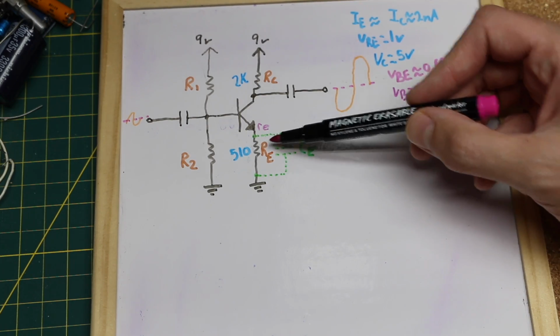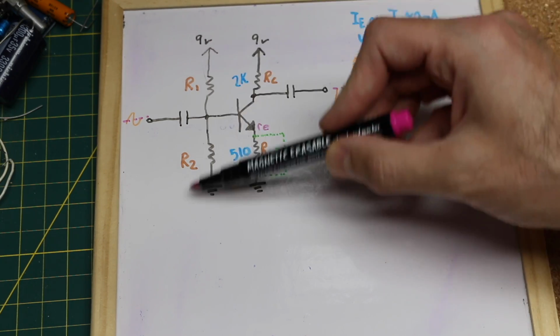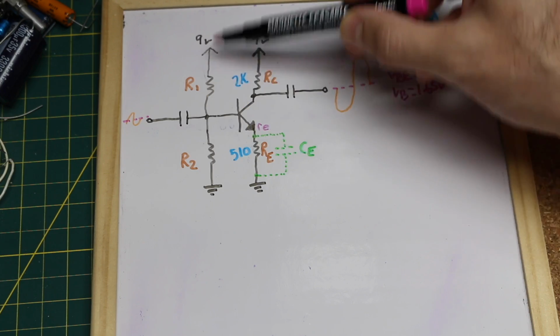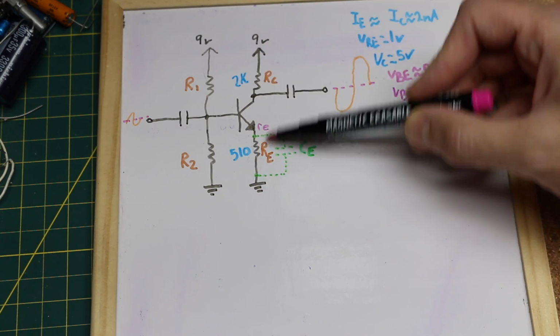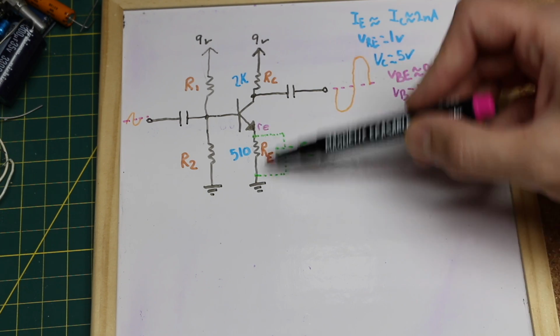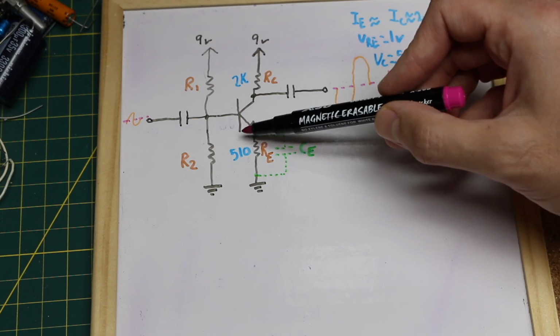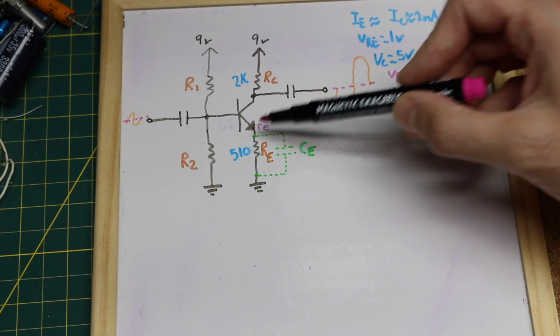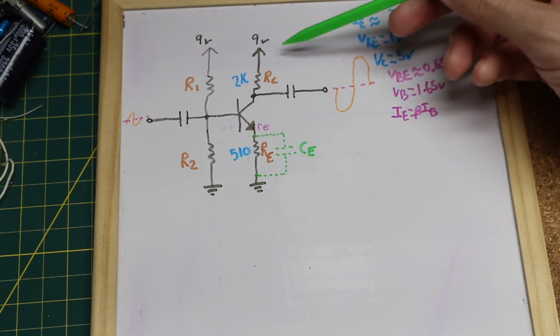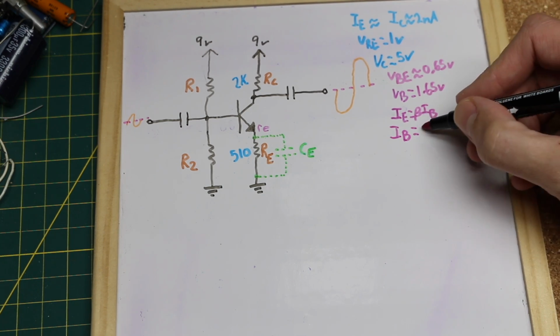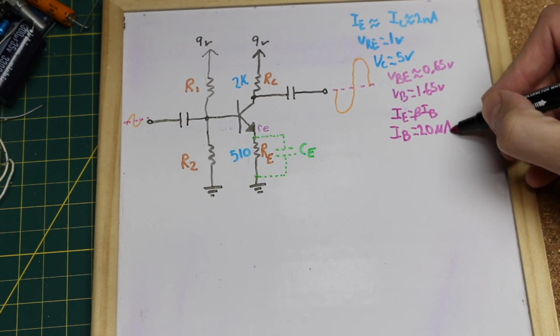Now we need to decide what current we want flowing through this voltage divider so we can calculate a resistor value. We have 2 milliamps emitter current, and the emitter current is beta times base current. So if we assume beta to be 100, the base current is 2 milliamps divided by 100, or 20 microamps.